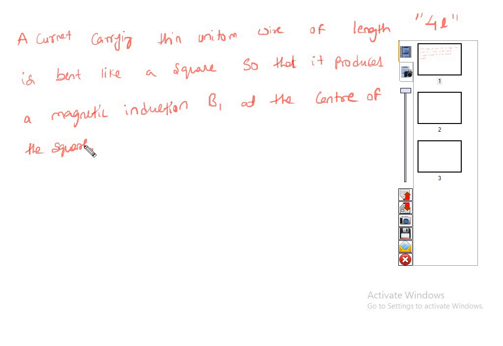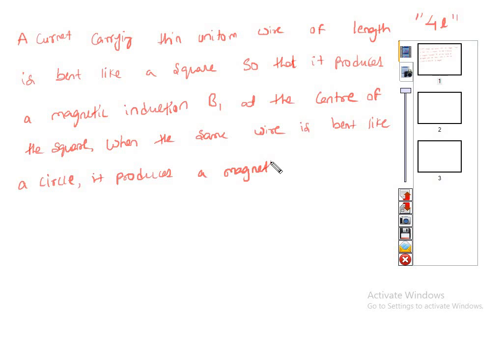When the same wire is bent like a circle, it produces a magnetic induction B2 at the center of the circle.